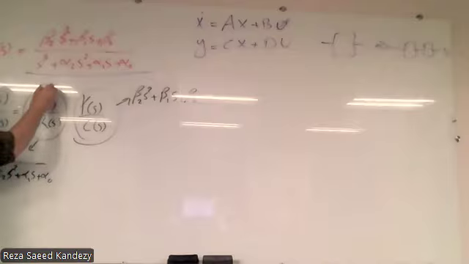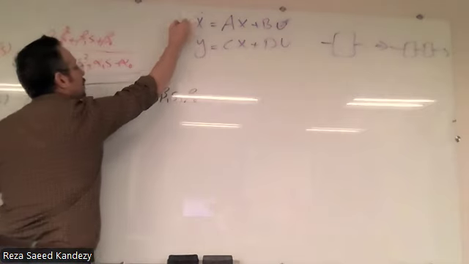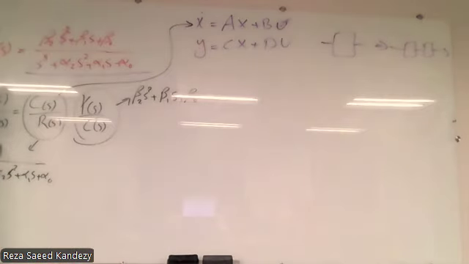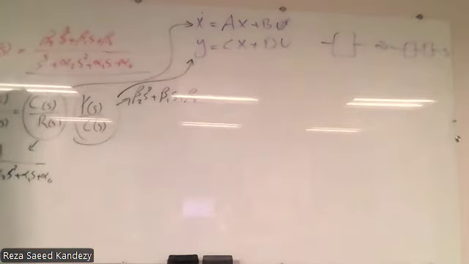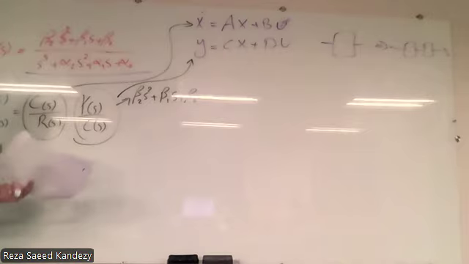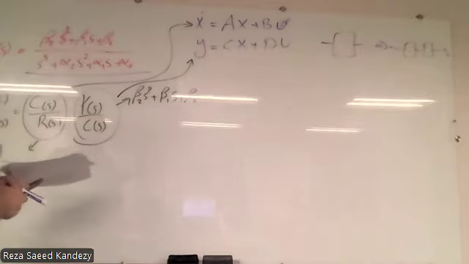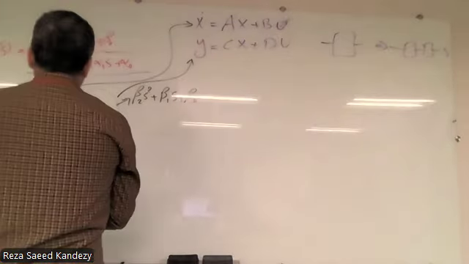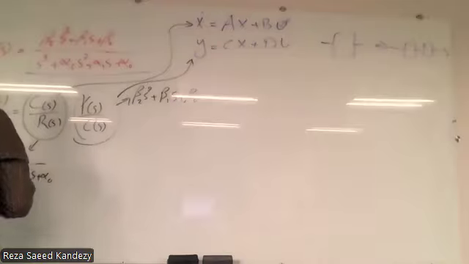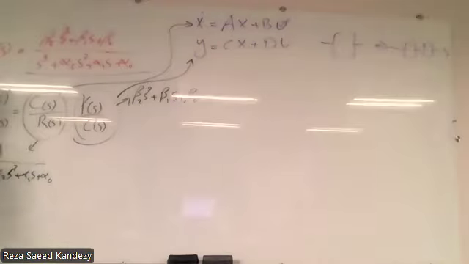This part would give me the x dot, and this part would give me the function for y. Remember that? Now, let's run the correct answer. C(s) over R(s) is this transfer function.